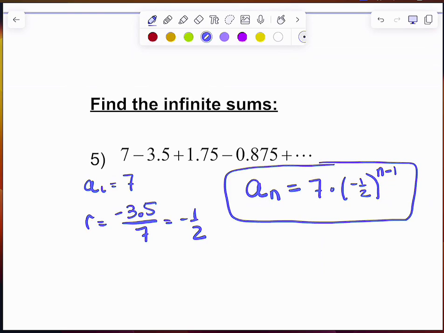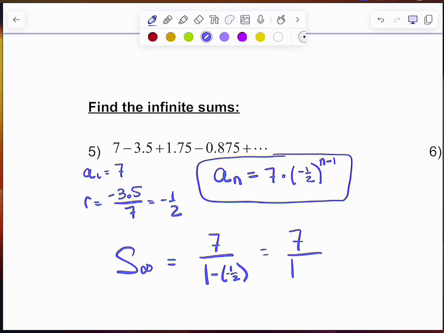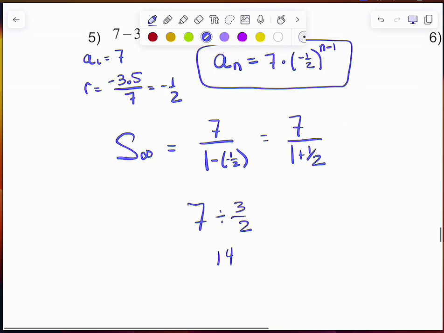Now, if I want to find my infinite sum, it is my first term divided by 1 minus r. And if r is negative, remember that you're plugging in that negative, so it's going to switch to addition. So I've got 7 over 1 plus 1/2. 7 divided by 3 over 2. So I'm going to have 14/3.